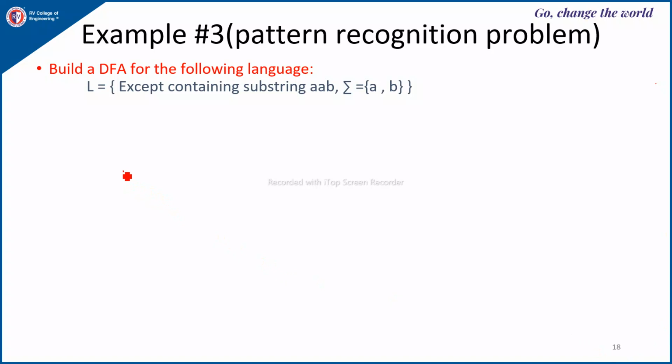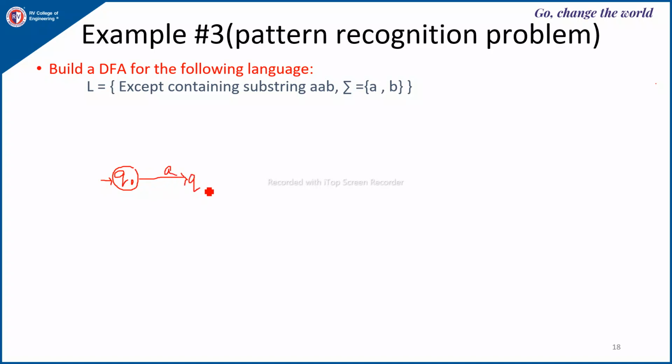I am starting with the start state Q0. I am constructing for containing the substring AAB. So Q0 is my start state. For each of the input symbols of AAB, it has to change the state.